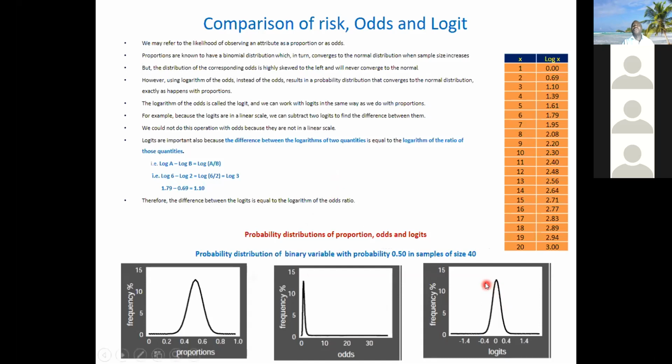Day before yesterday, when we were talking about the likelihood ratio chi-square, I said the corresponding operation of minus in logarithm is division. The corresponding operation of plus in logarithm is multiplication.